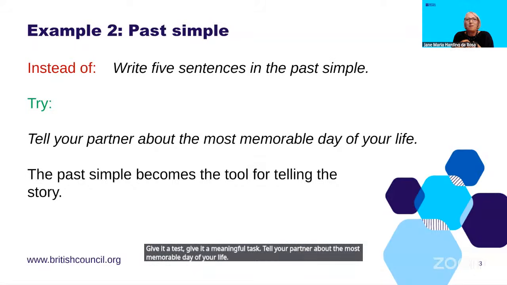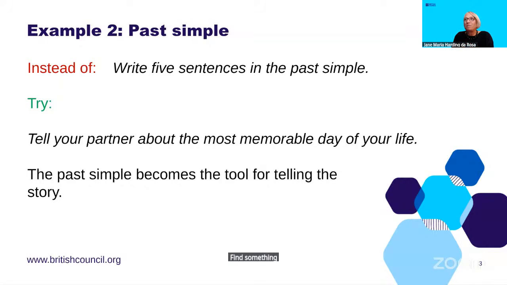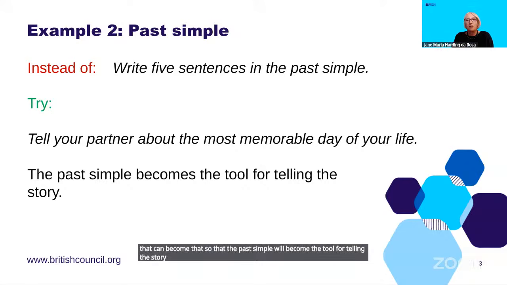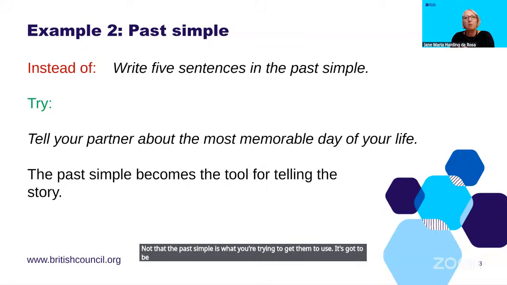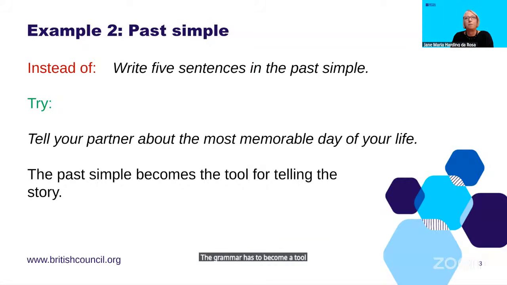Find something so that the past simple will become the tool for telling the story, not the other way around. Not that the past simple is what you're trying to get them to use. The grammar has to become a tool for expressing meaning. And then the learners will become more invested in trying to communicate their ideas.